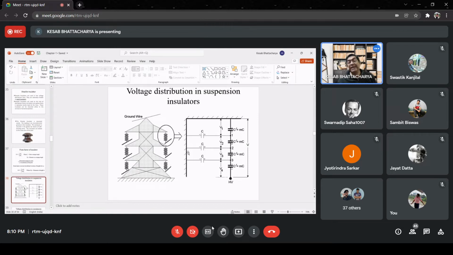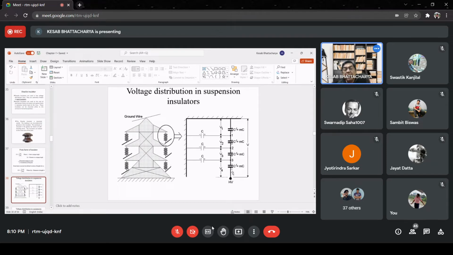So, this suspension insulator arrangement can be represented with its electrical equivalent circuit like this. Since the insulators used in discs are identical, the capacitances which represent the insulators are all identical: C prime, C prime, C prime, C prime.